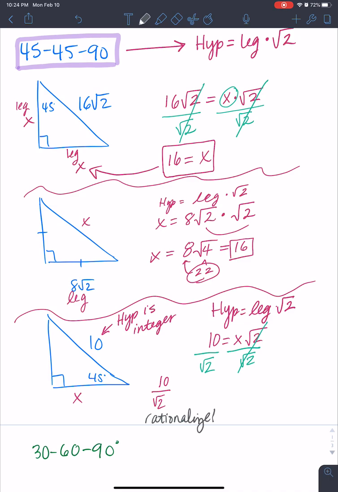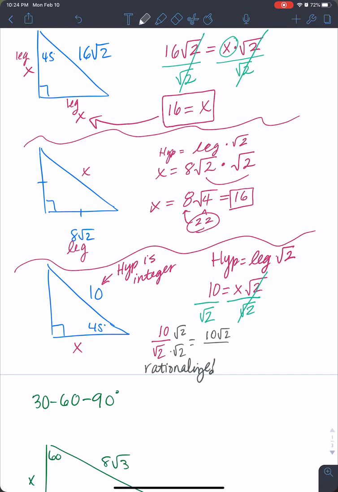Okay, to rationalize, you need to multiply the top and the bottom by the bottom. We've done this before, right? So the top is going to become 10 square root of 2. The bottom is going to become 2 times 2, the square root of 4. But you keep going. The square root of 4 is actually the same thing as 2.